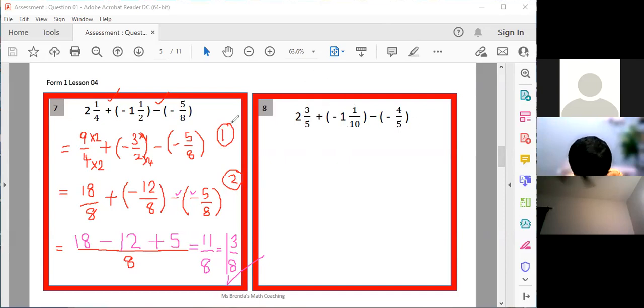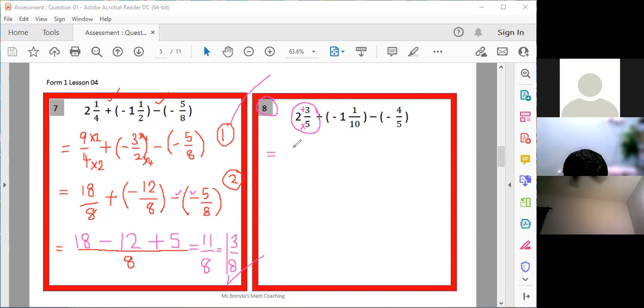Step 1, what did I say about step 1, guys? Now you're going to do number 8 by yourself. Step 1, all those mixed numbers, change them to become improper fractions first. That is step 1, so do it now for number 8. This one, change it to become an improper fraction. What will you write? 13 over 5.